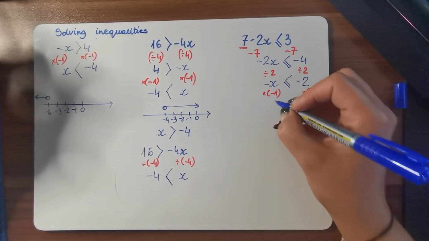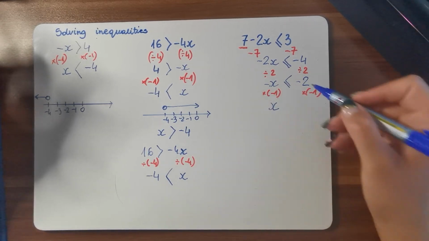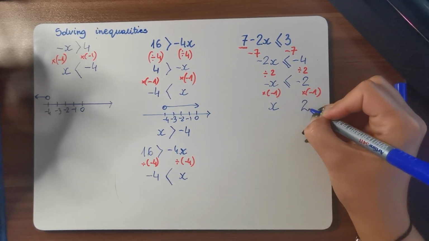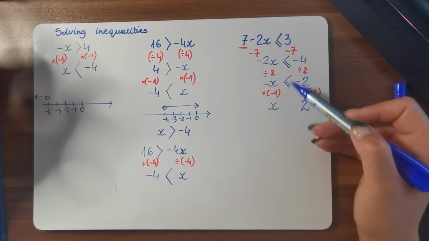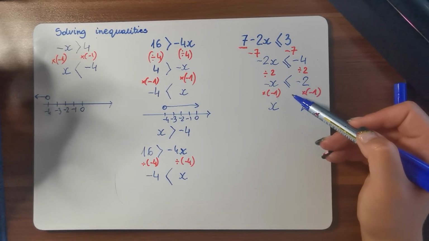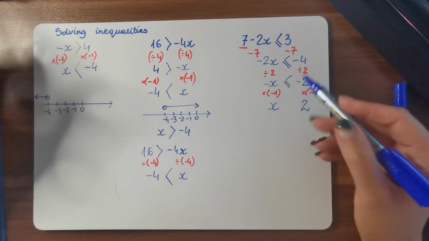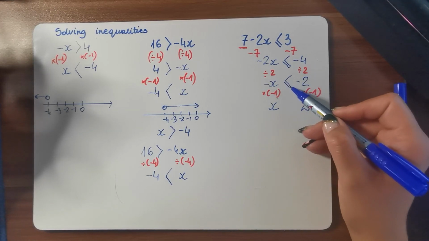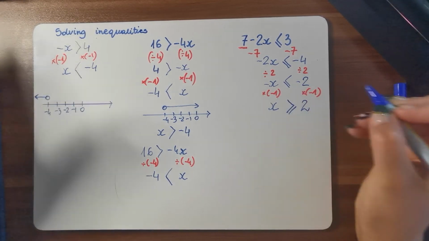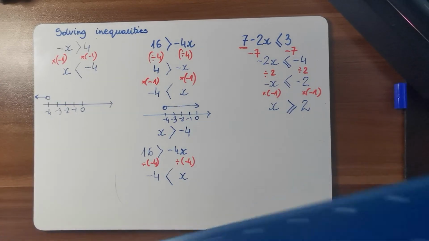Negative x times negative 1 will give us x. Negative 2 times negative 1 is equal to 2. And again, we've multiplied by a negative number, so we need to flip our inequality sign. We had smaller or equal to, so we will have larger or equal to.